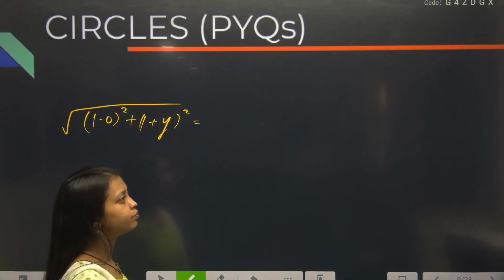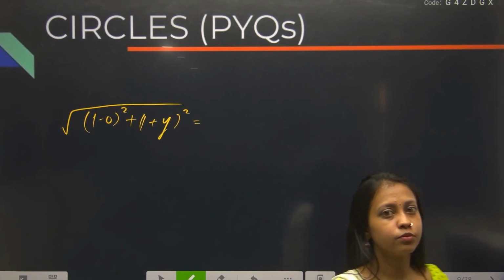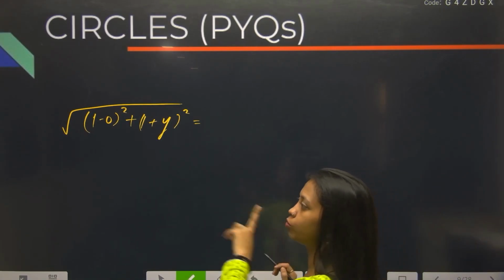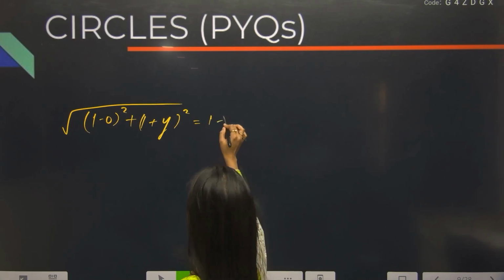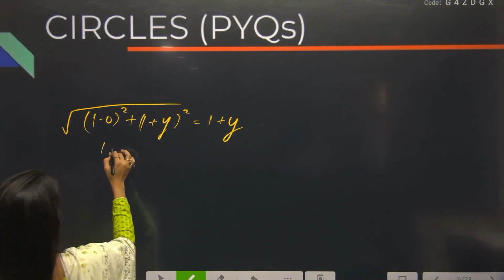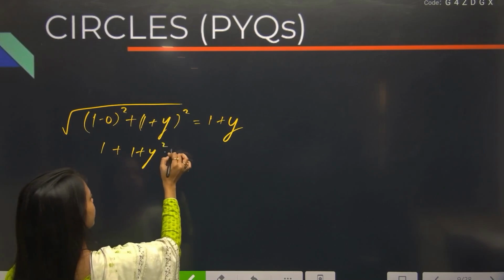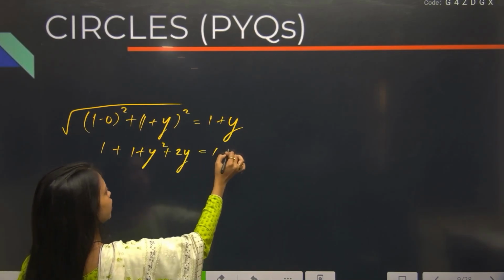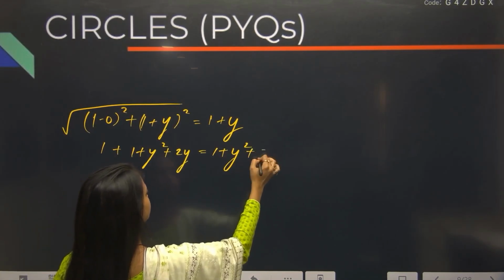We already know the distance between the 2 points in terms of the radii. So that is 1 plus y. 1 plus y square plus 2y is equal to 1 plus y square plus 2y.